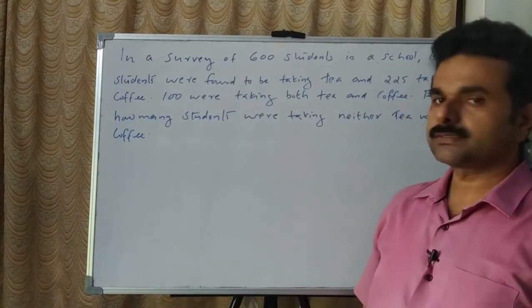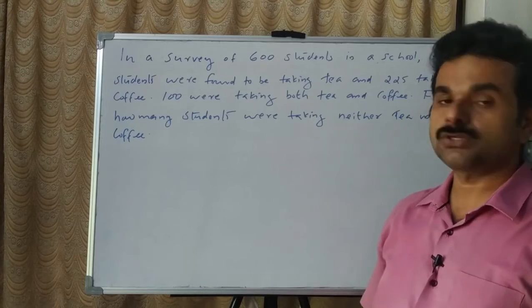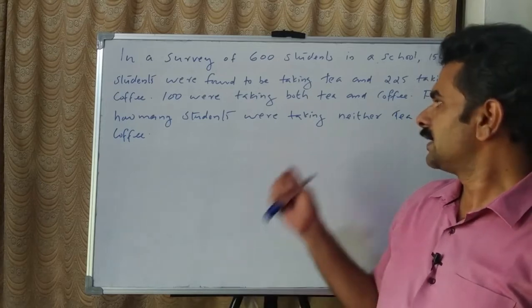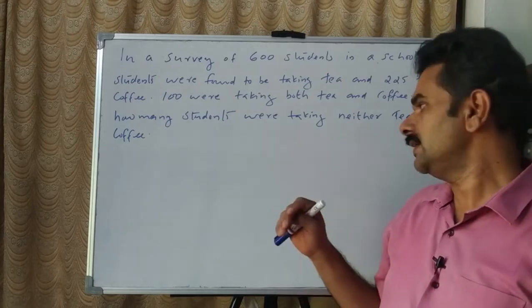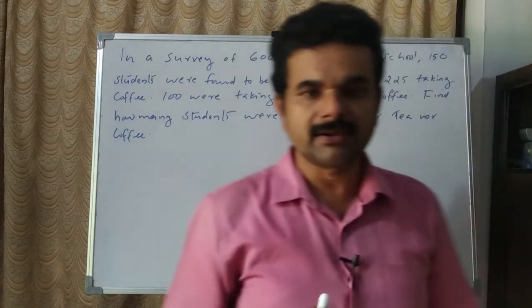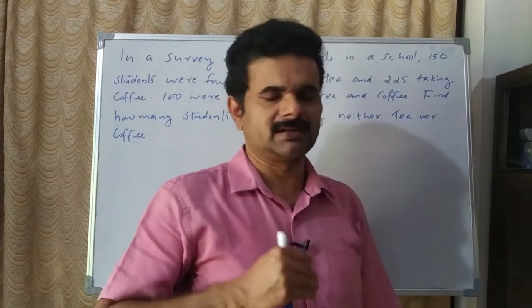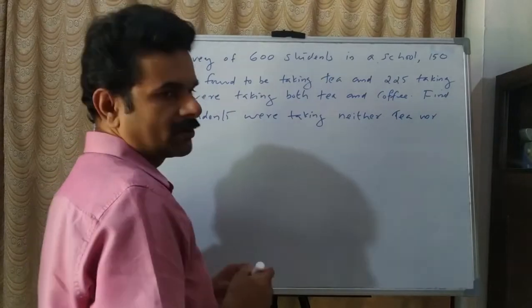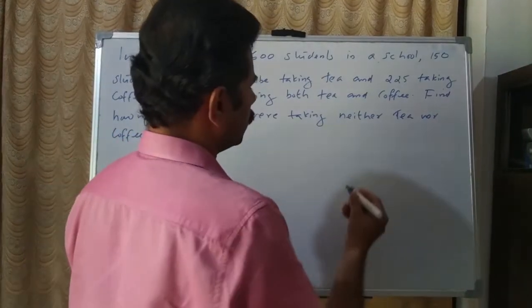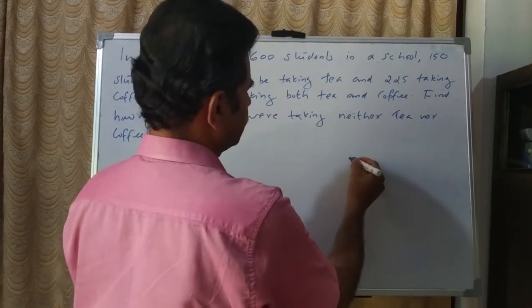So in a school there are 600 students and two sets are to be formulated for tea and coffee. Let us take capital T for tea, and capital C for coffee. This problem can also be done by using a Venn diagram.